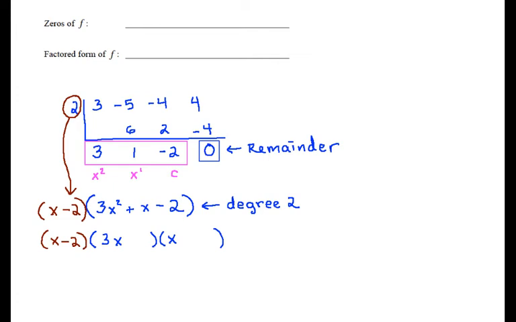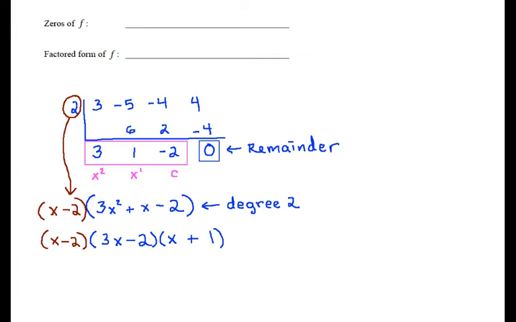I know that last term has to come from 2 times 1. I can see that putting the 2 with the 3x term is going to keep that middle term from getting too big. So now I just have to figure out the signs. It looks like I want a plus 3x, so plus 1 times 3x, and a minus 2x, so minus 2 times x, to get me the correct middle term.